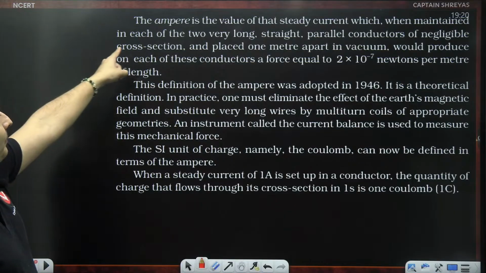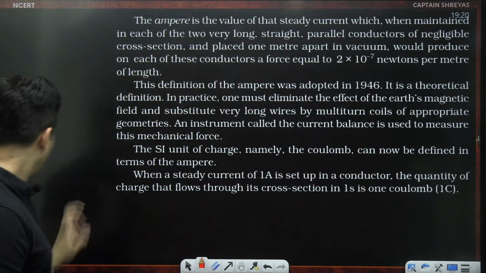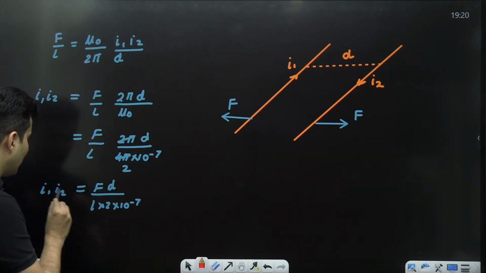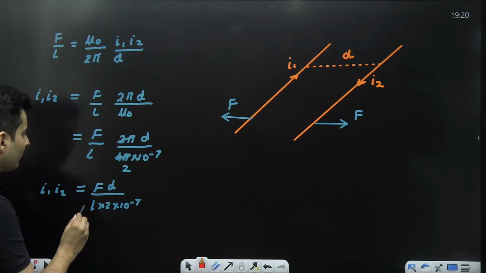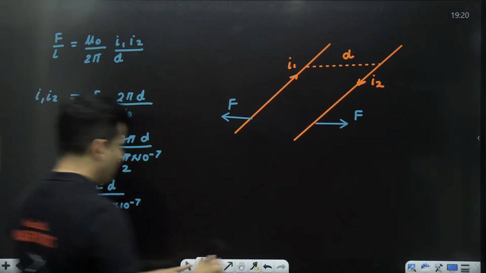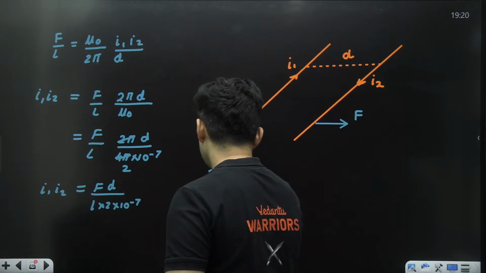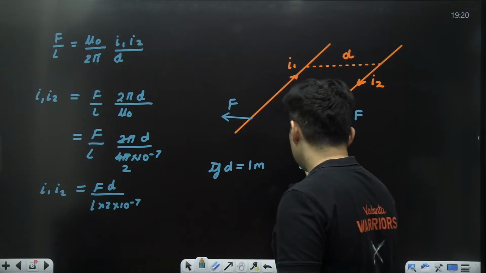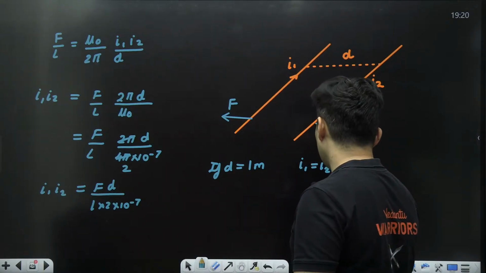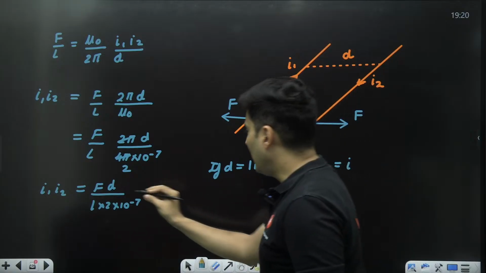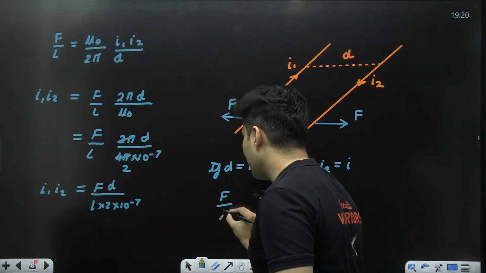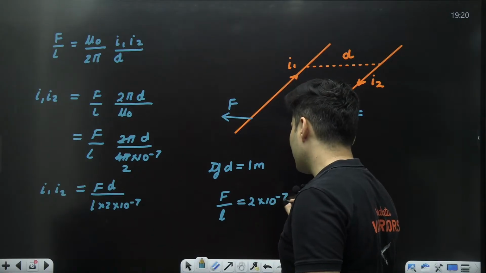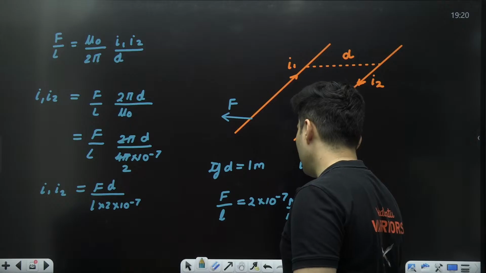Basically, you pass some current which is the same in both wires, and the distance between the wires is, for example, 1 meter. The same current is passed in both of these wires, and you find that the force acting per unit length happens to be exactly 2 into 10 to the power minus 7 newtons per meter.